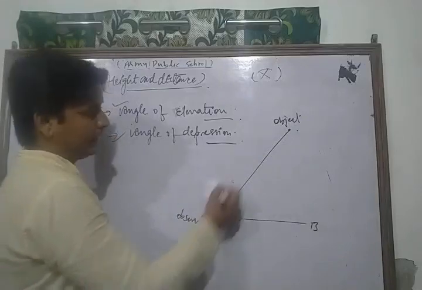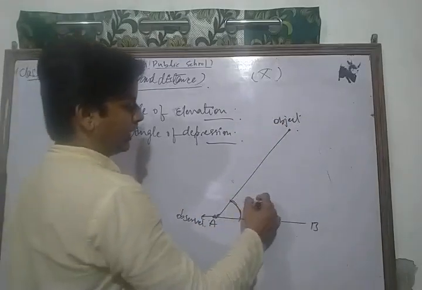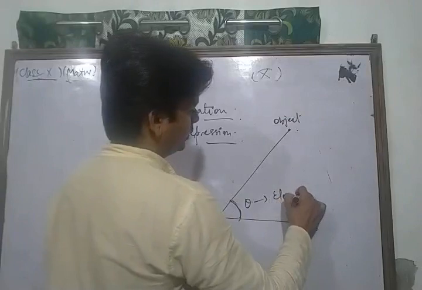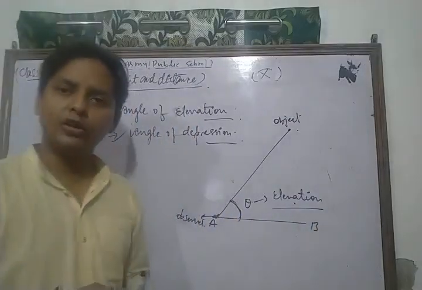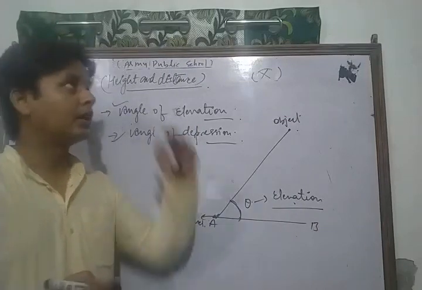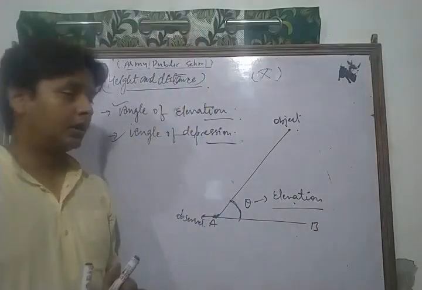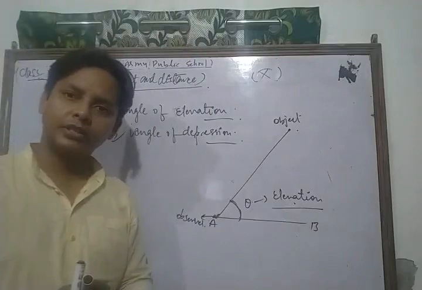The angle made by the line of sight, this is known as the angle of elevation. In this way we can say that if we see any object from the surface of the earth to the top, then the angle of elevation is formed.